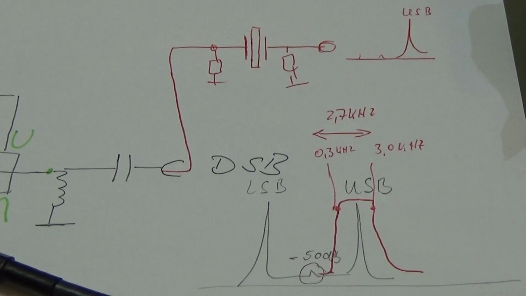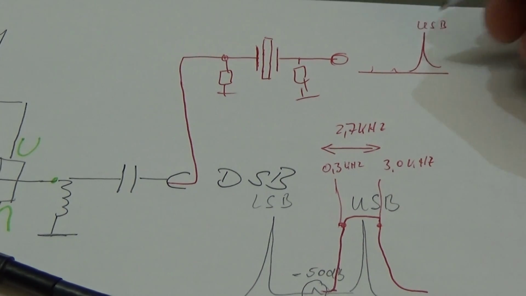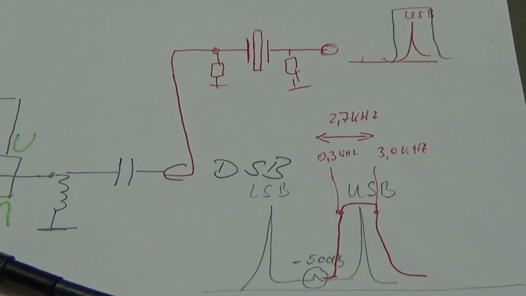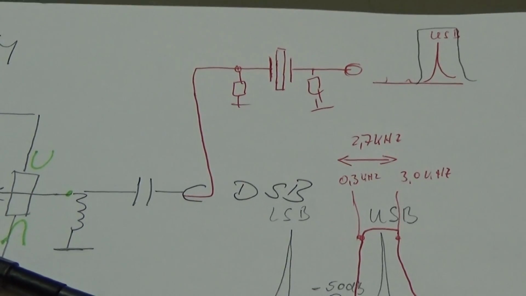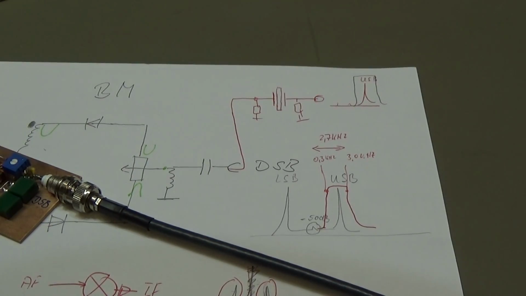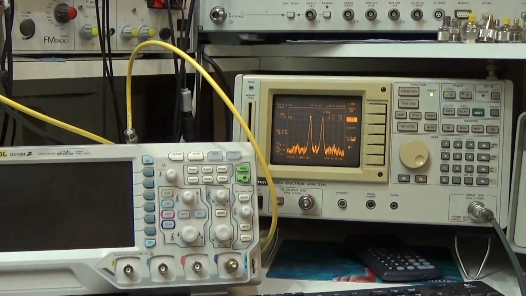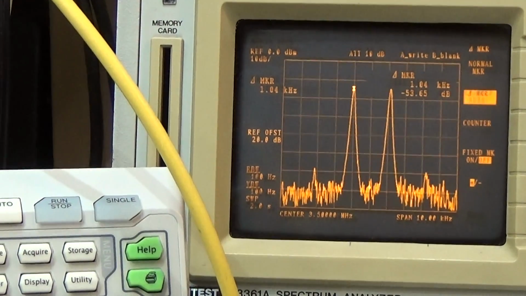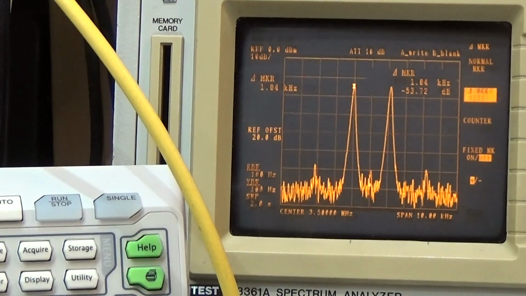Our other components, the lower sideband and the carrier, are gone, because our filter is working over it. And that is how it all works, and that is what we can see here on our spectrum analyzer screen.